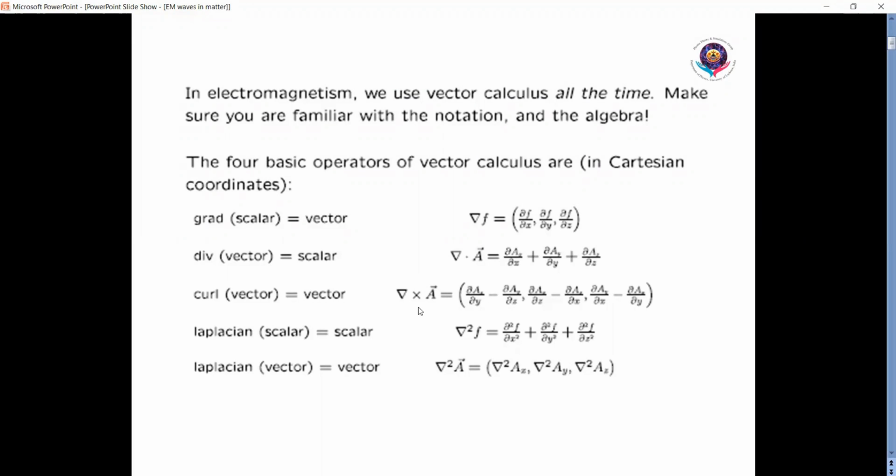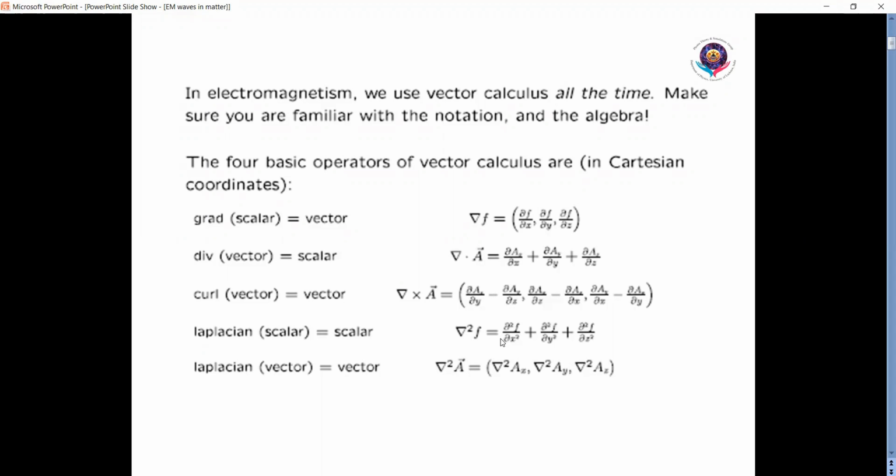The third operator is the curl operator. It is an operator on a vector quantity, and the result is also a vector quantity. Now there are two more operators. That one is the Laplacian operator on a scalar quantity, and the result is a scalar quantity.